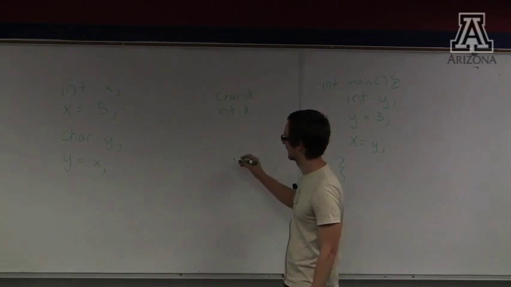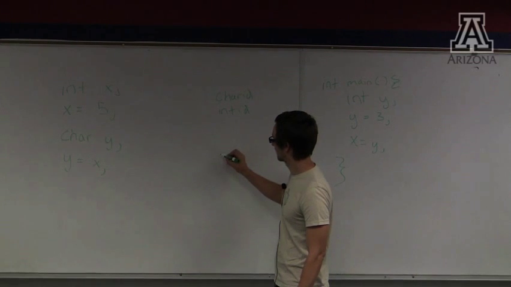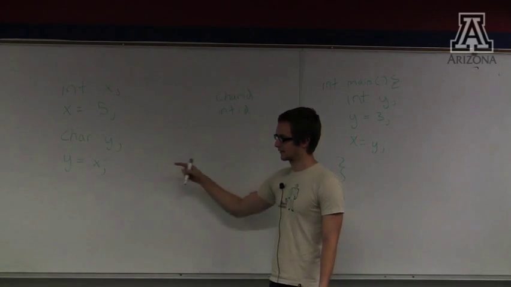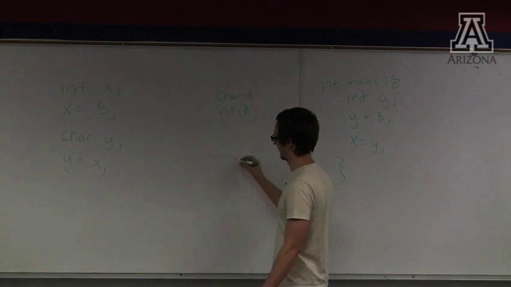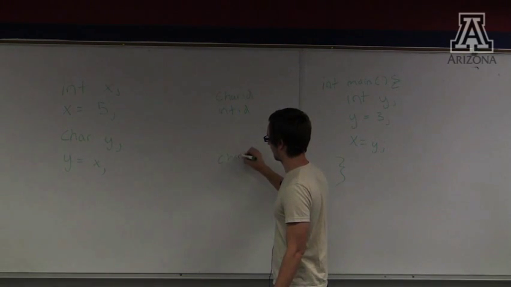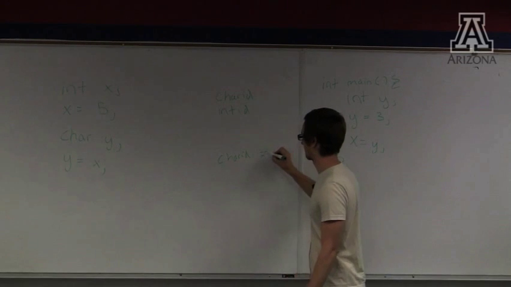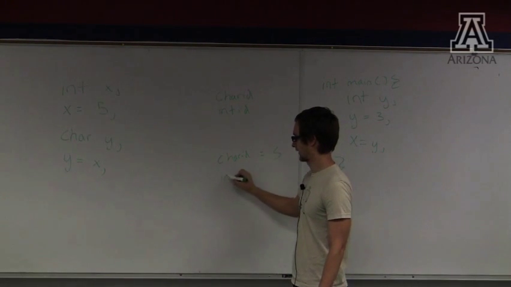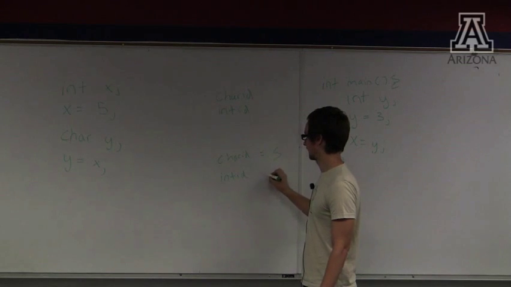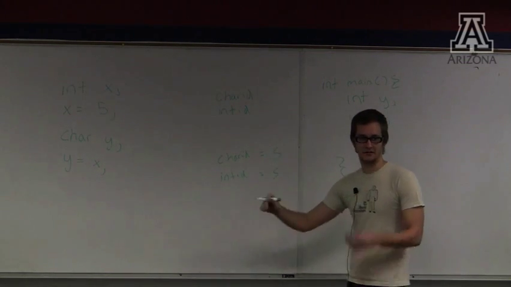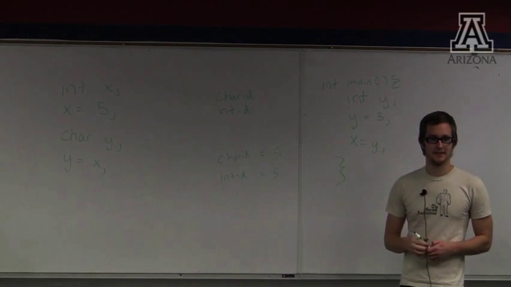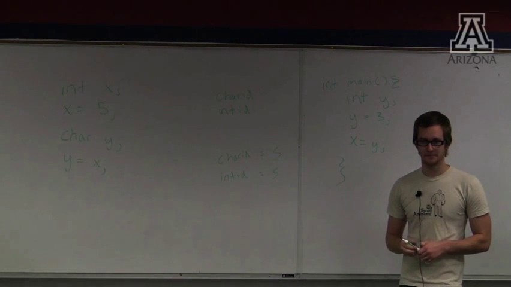Because now instead of just saying ID equals expression, you're going to have char ID equals something, and int ID equals something, right? Separate. Now you're increasing your amount of lines. This sucks, right? We don't want to do that.